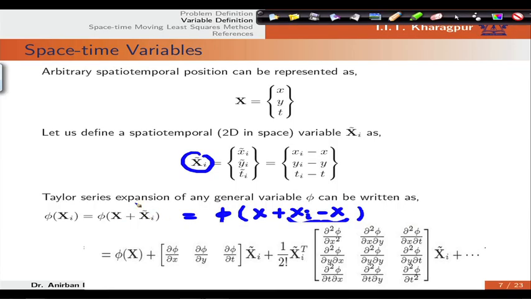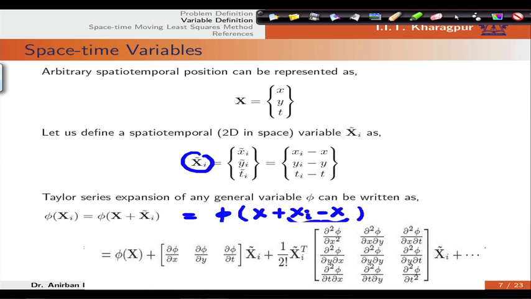So, let us expand it with respect to x. For any arbitrary phi x I, there will be phi x and del phi by del x, del phi by del y, del phi by del t.